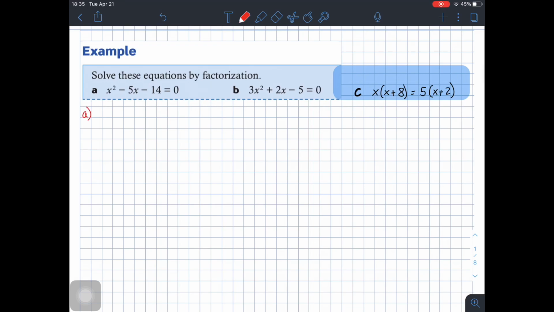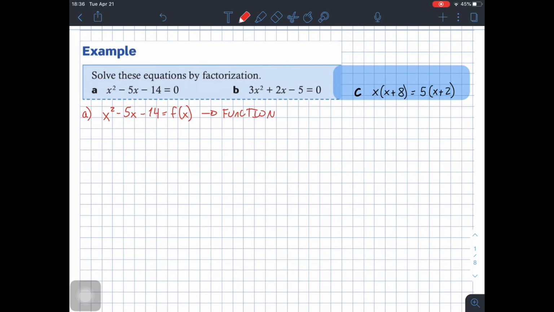It says, solve these equations by factorization. So we have this case first. You see that whenever the word equation appears, equation means that we set the function to 0. If we write it this way, x squared minus 5x minus 14 equals f of x instead of 0, we're talking about a function.